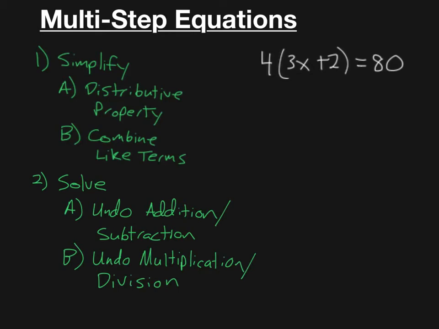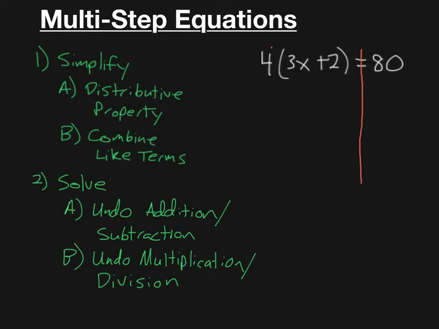In our first example here, we have 4 times 3x plus 2 equals 80. I'm going to start, as I always do, drawing my line through the equal sign. Now, in this case, I'm looking at my left side. I need to simplify this expression. I have 4 times 3x plus 2. Now, to simplify this, we can use the distributive property because we have 4 times that expression inside the parentheses.